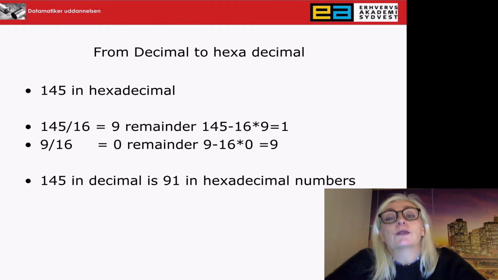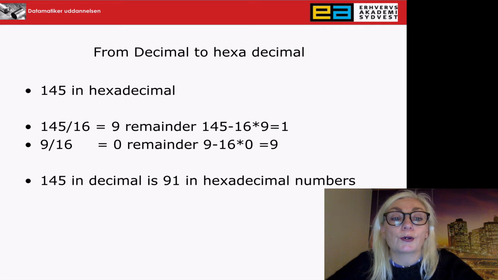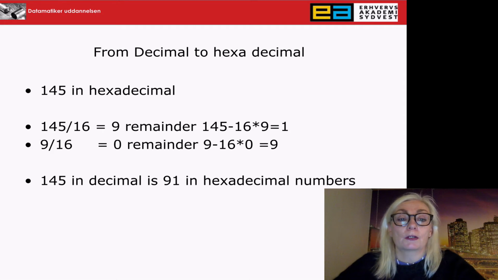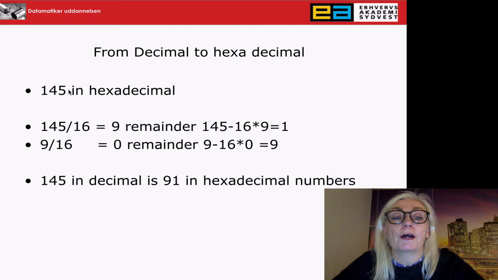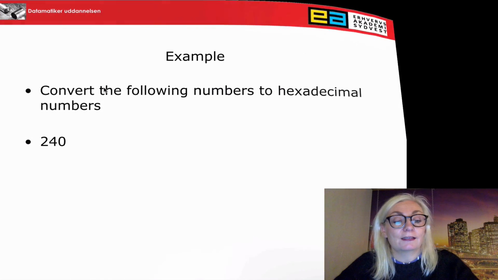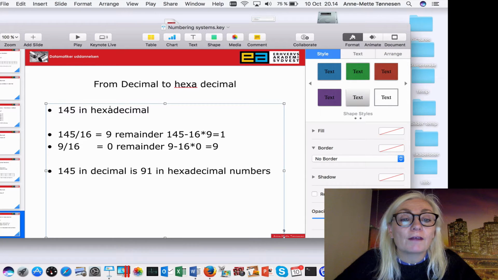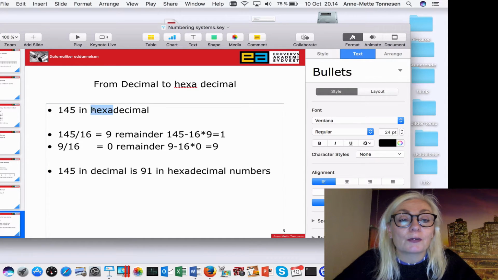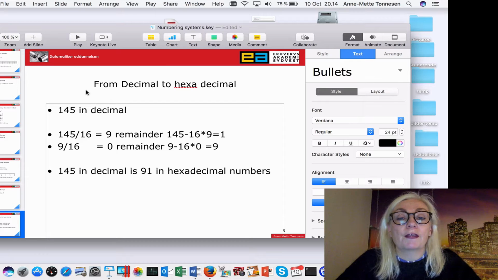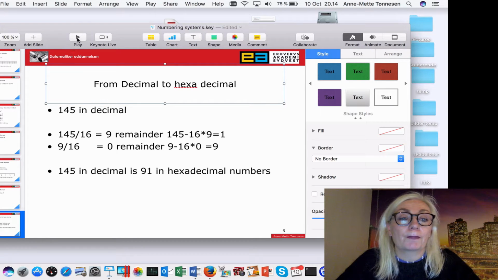Here, if I want to do the opposite now, if I want to go again from decimal numbers into hexadecimal, so I have 145. Sorry, this is not in hexadecimal, I just checked that. 145 is a decimal number. I want to find the hexadecimal number here.